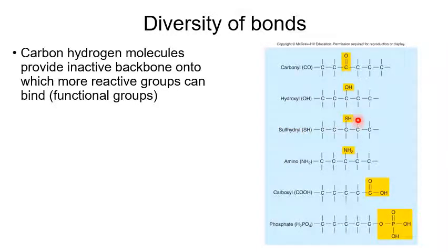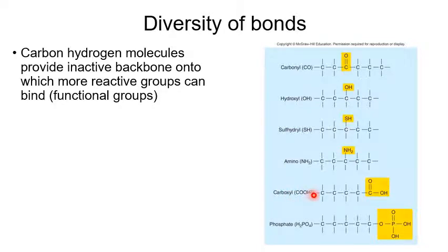Sulfhydryl, that's sulfur, hydrogen bound to carbon. Amino, nitrogen with 2 hydrogens. This we will see in a molecule that we will be talking about pretty regularly. You eat it in your diet. Anybody know? Amino acids. Yes, amino acids have this functional group in them.